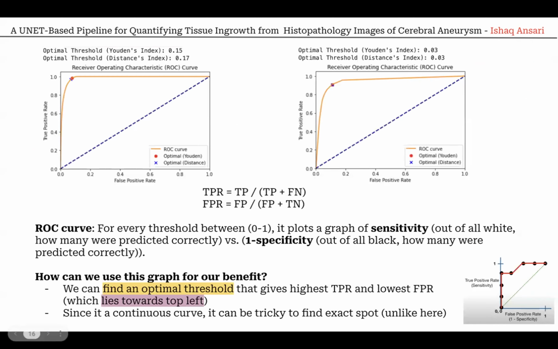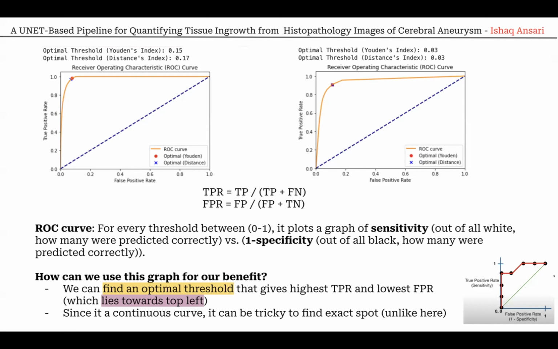So I plotted the ROC curve. In the ROC curve, on the y-axis we have true positives, and on the x-axis we have false positives. We want a number that is higher on the y-axis because we want true values, and low on the x-axis, which is towards the top left corner.